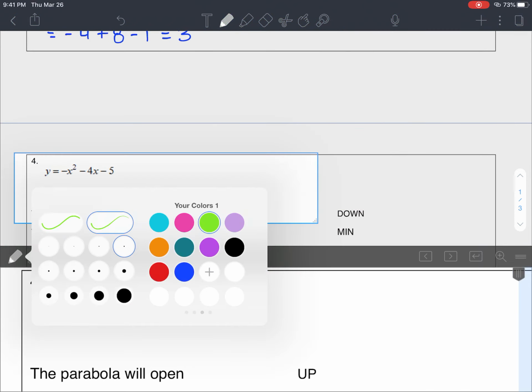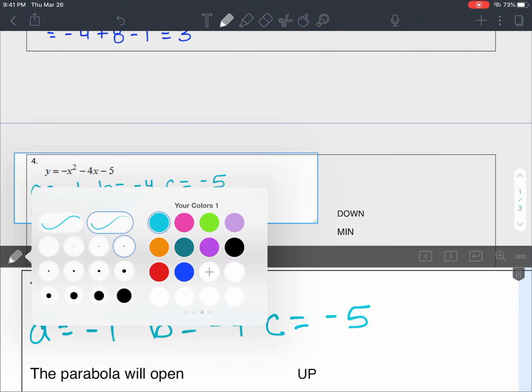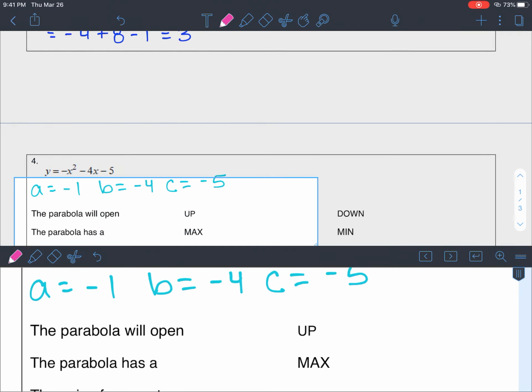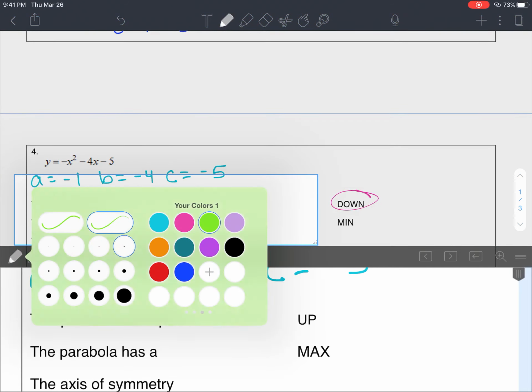All right, just 2 more to go. I think I made all of these negative by accident. A, B, and C. A value negative 1, B negative 4, C negative 5. Parabola will open down, which means the parabola has a max.